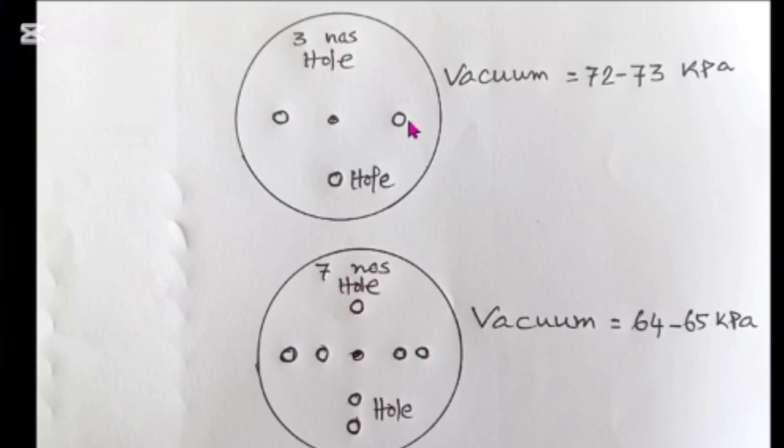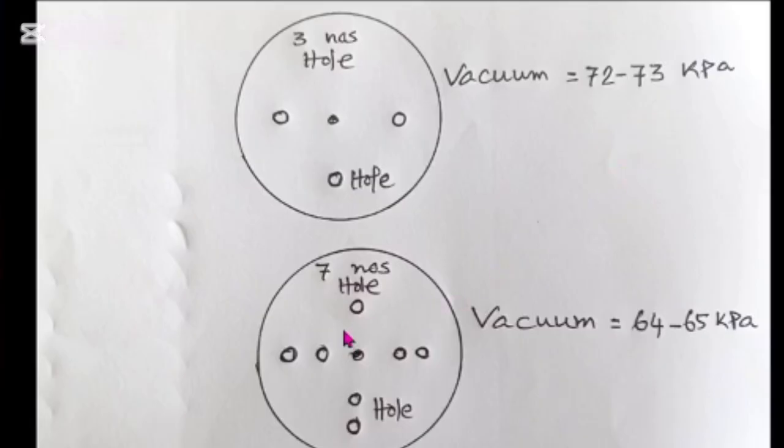When we made 3 holes and then measured the vacuum, we got 72 to 73 kPa, but our requirement is likely 85 to 90 kPa.